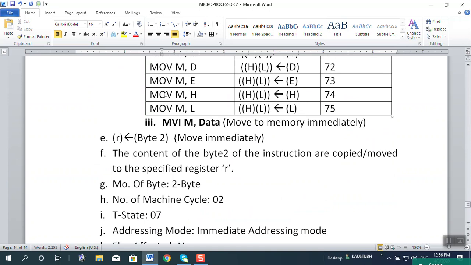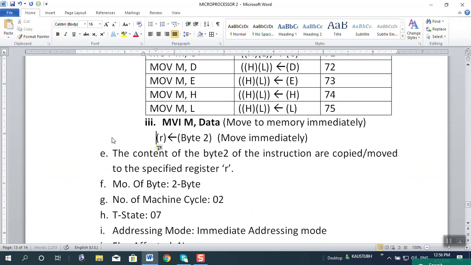So as you see here, instead of this, it will be HL. That means byte 2 of the instruction, which is nothing but this 8-bit data, will be copied to the memory location whose address is in HL register pair. Okay. So the meaning, how will you write?